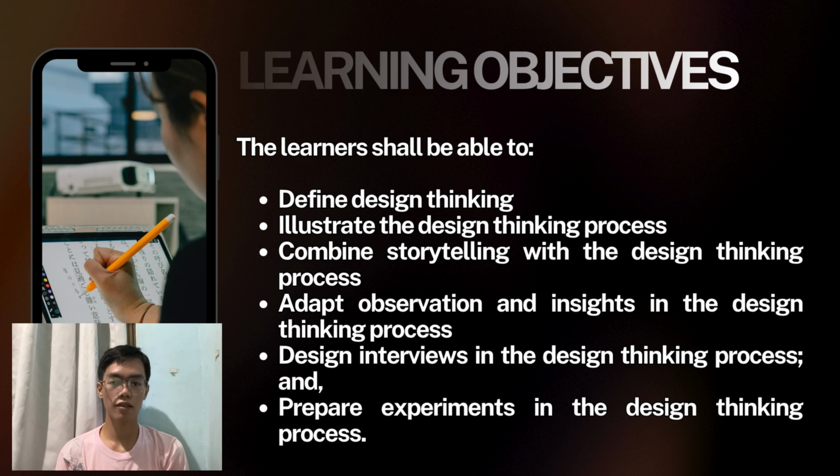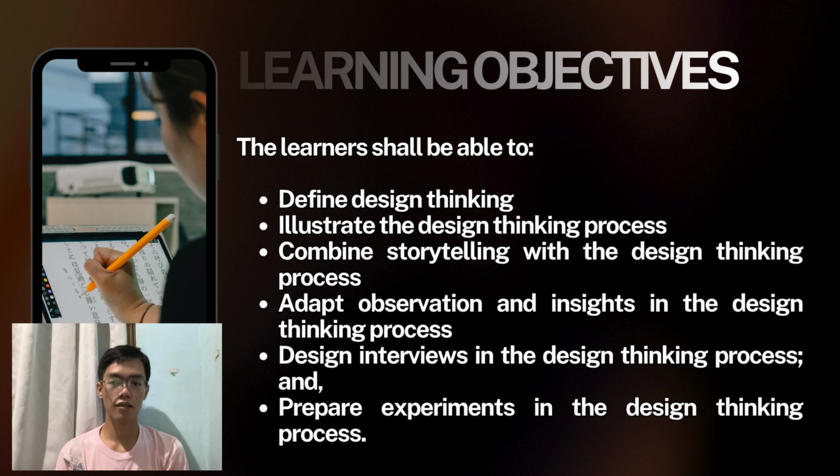Then the fourth is experimentation and iteration, which involves creating prototypes, testing them, and continuously improving based on the feedback of the people. Lastly, design thinking promotes a bias towards action, emphasizing real-world engagement and immediate implementation rather than just planning. These principles work together to create practical and user-focused solutions.